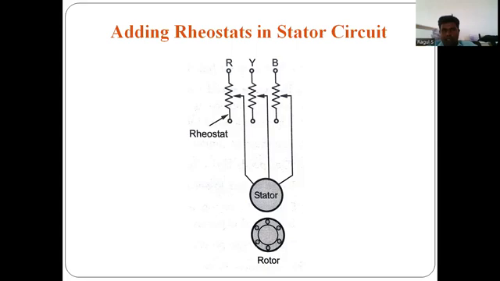In the starting stage, the rheostat is at maximum position, so the voltage drop is increased. When the voltage drop is increased, automatically the current is reduced. This affects the torque. The torque will be affected and the speed is also controlled. This is adding a rheostat in the stator circuit.